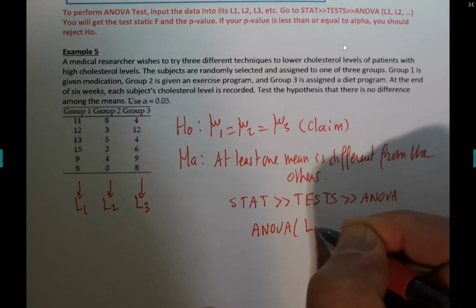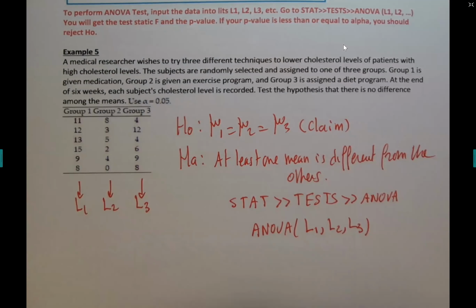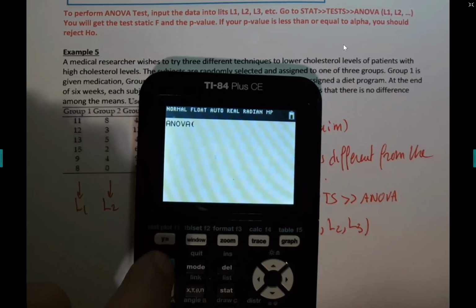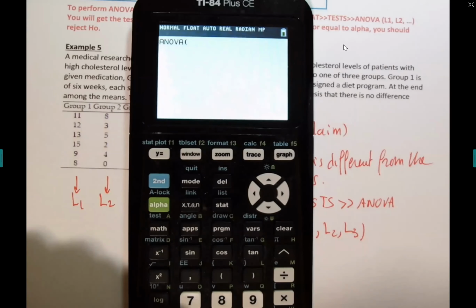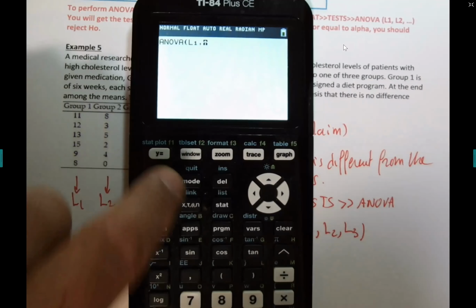And when you input L1, L2, L3, separate them with a comma, guys. So let's do that. Second, and then number 1. Oops, you don't see 1. Then I put a comma, then the second, and number 2.